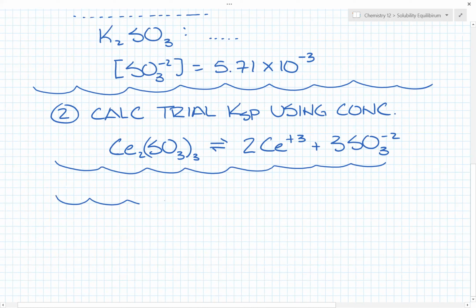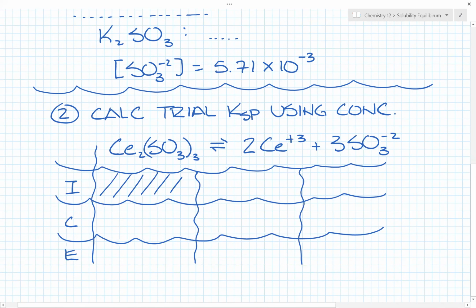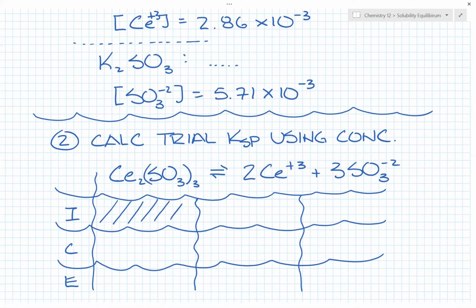Now, if we set this up as part of our ICE tables, we don't have to worry about this one, but the initial concentrations that we have are the ones we calculated. So for cerium it is 2.86 times 10 to the negative 3. Here would be 5.71 times 10 to the negative 3. Okay?